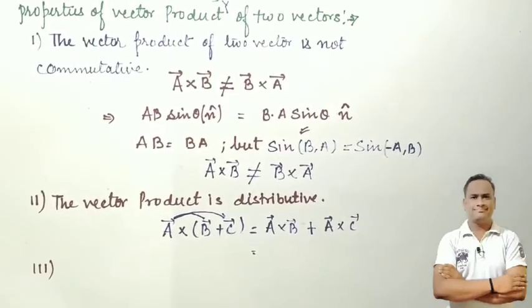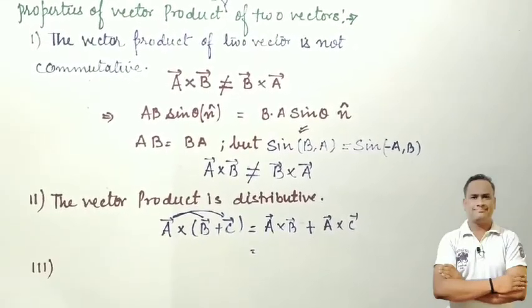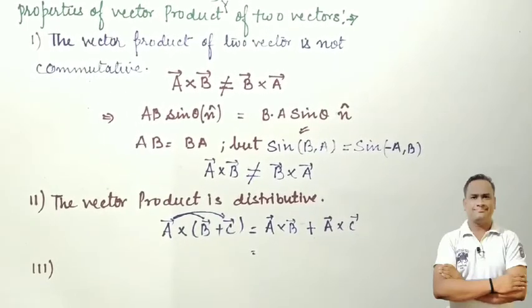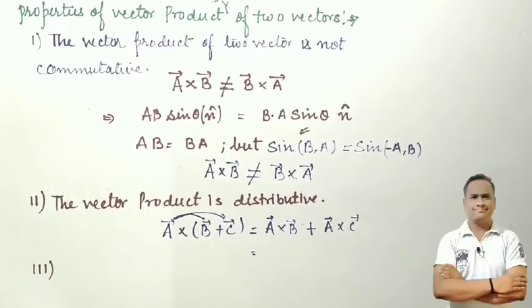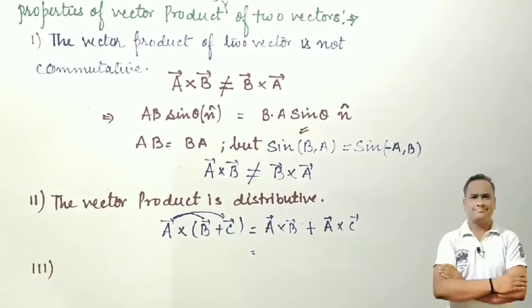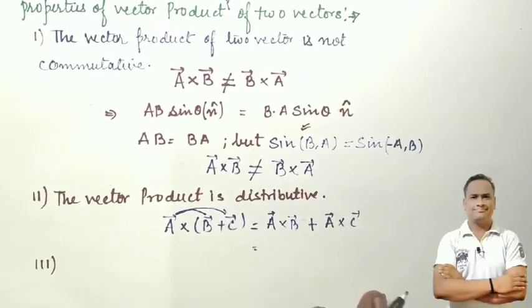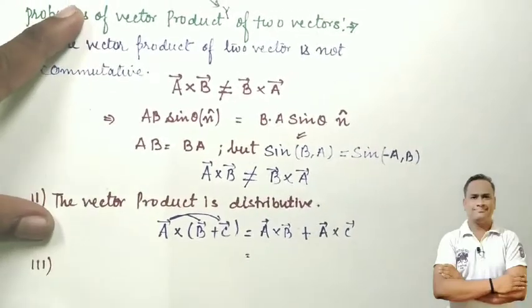So students, let us discuss the third property of the vector product. We are saying that the vector product of two parallel vectors is a null vector.